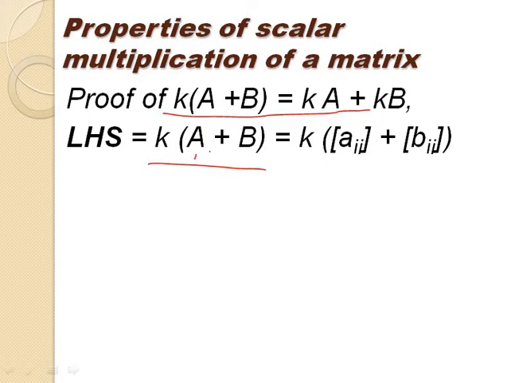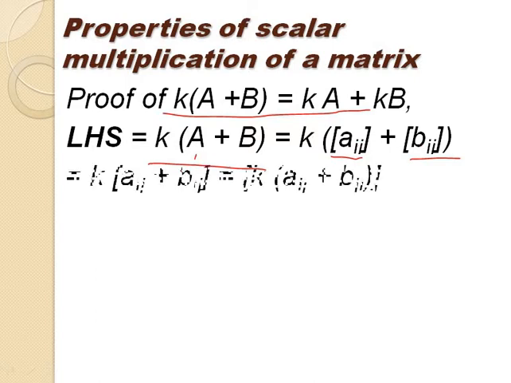If we write in terms of elements, we can write matrix A and matrix B like that. Now we know that if two matrices are added, the corresponding elements will be added. So we have added the corresponding elements, and then the scalar is multiplied with the matrix. That means if these are the elements of the matrix and a scalar is being multiplied, we will get this one.